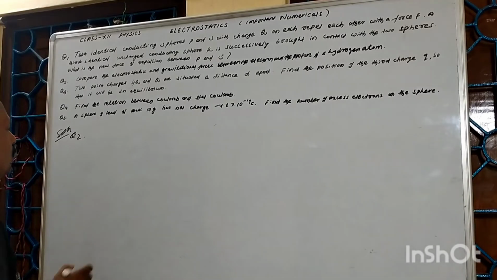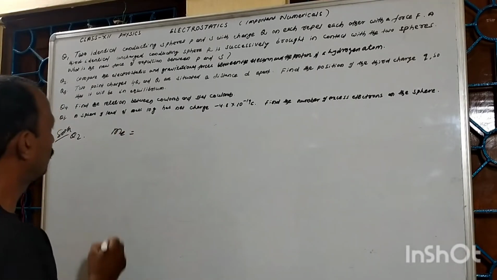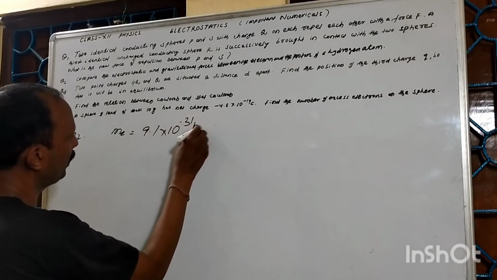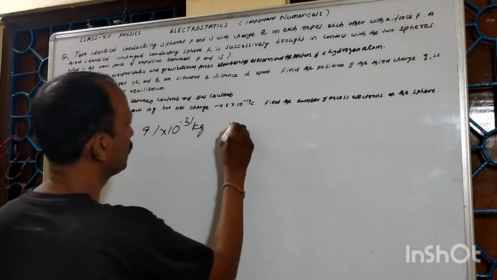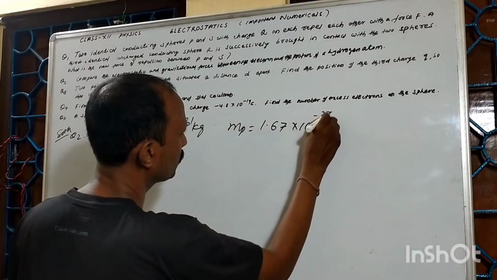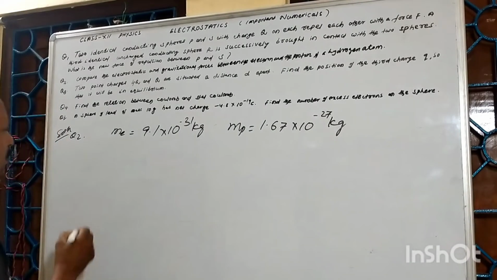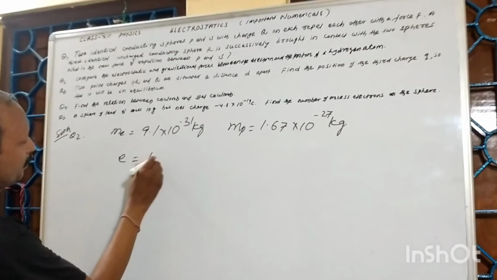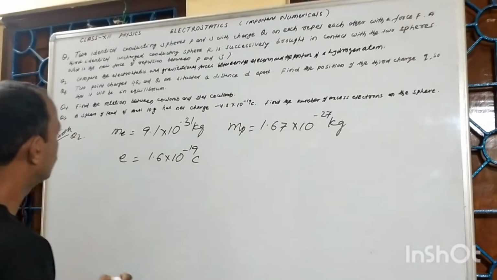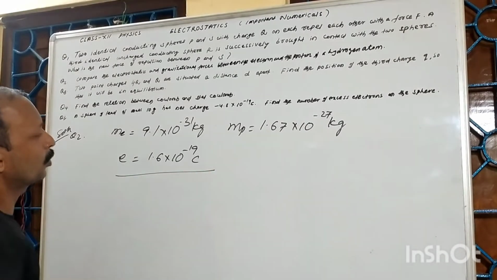Okay. So what is the mass of electron? Mass of electron is equal to 9.1 into 10 to the power minus 31 kg. Mass of the proton is equal to 1.67 into 10 to the power minus 27 kg. And charge of electron, we know, is 1.6 into 10 to the power minus 19 Coulomb. This is the charge of electron as well as charge of proton.